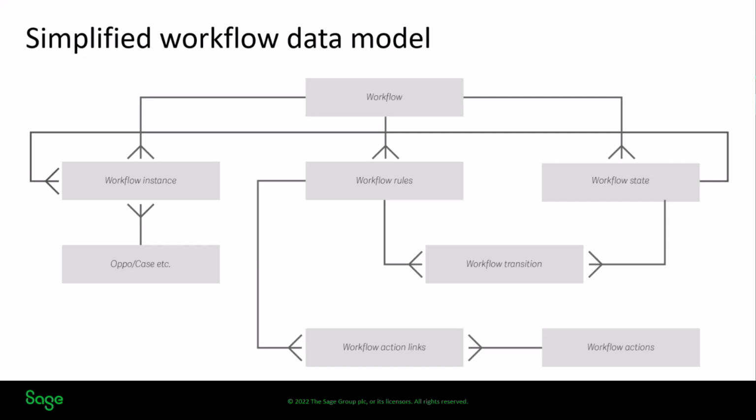So if you see in the diagram, that left-hand side where you've got an opportunity or a case record, that opportunity or case record will have a foreign key within it called oppo_workflow ID.